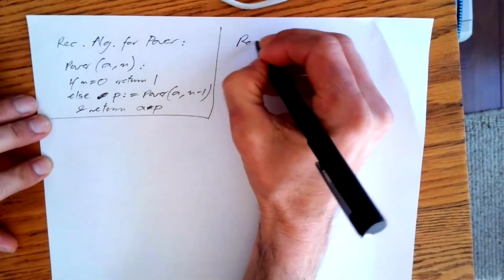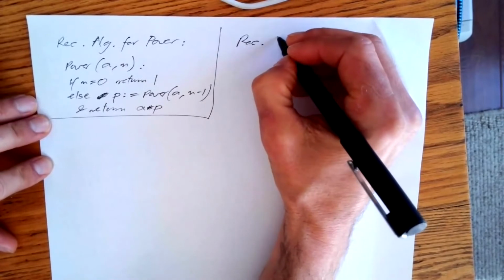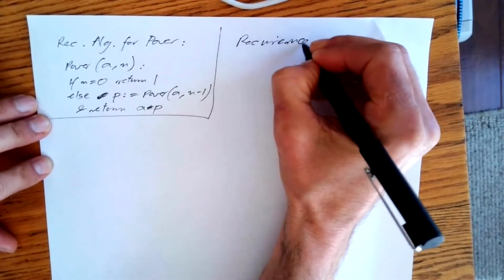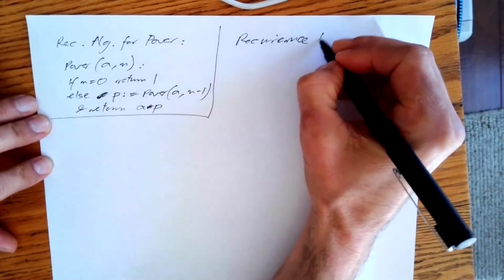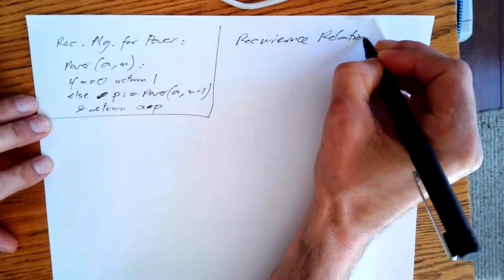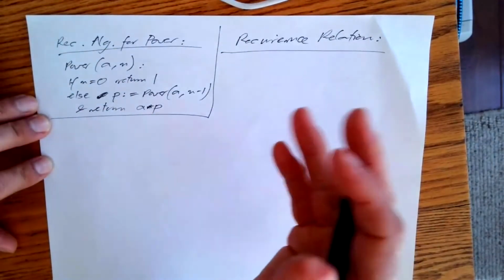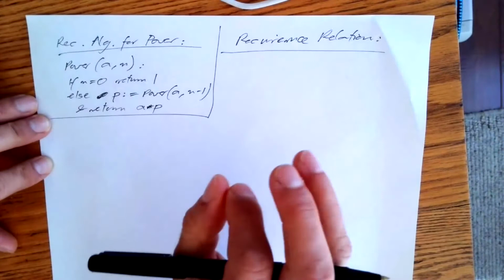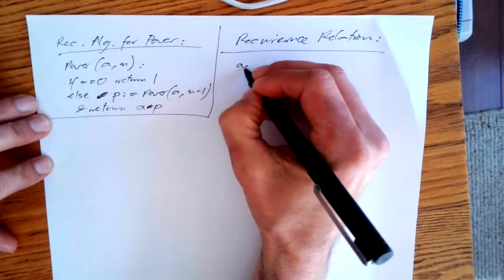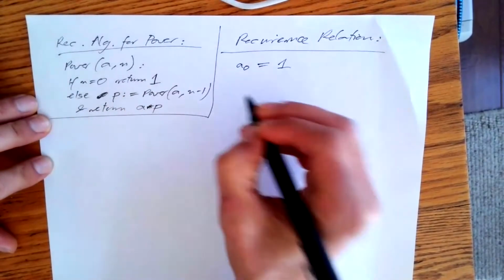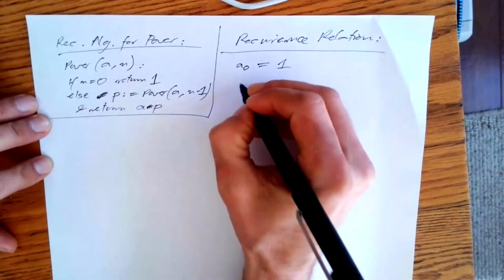And now what's really the difference? Recurrence. Okay, sorry for misspelling. Recurrence relation. That defines really the same thing. Could be defined like this: a0 is 1, right?